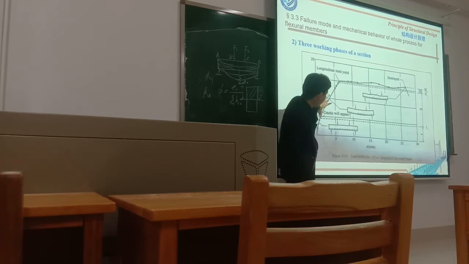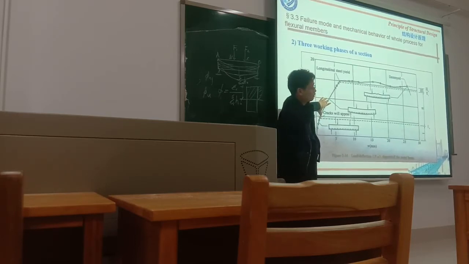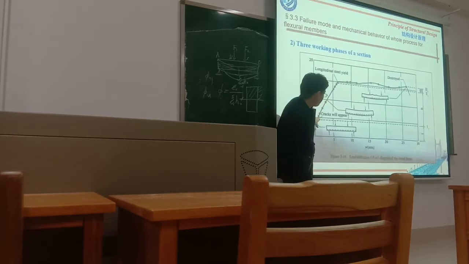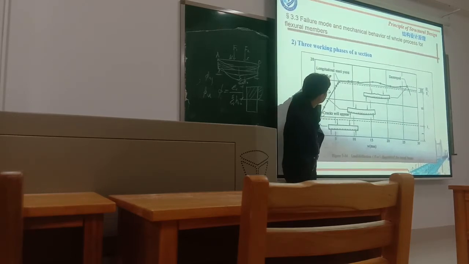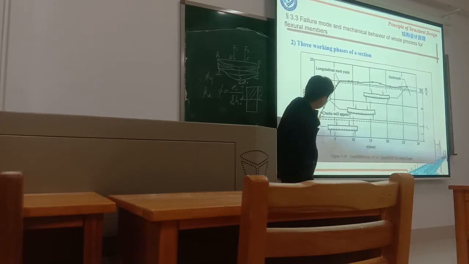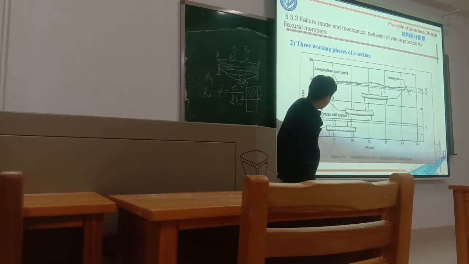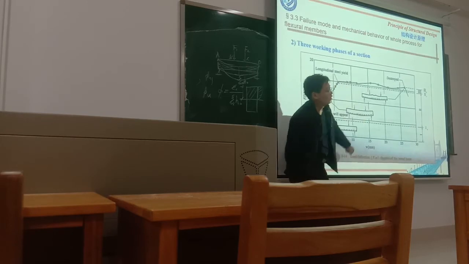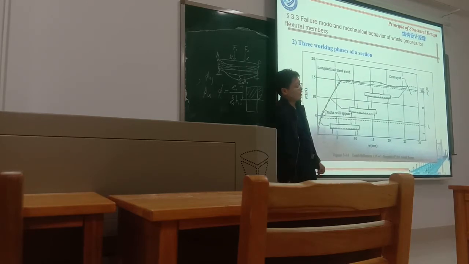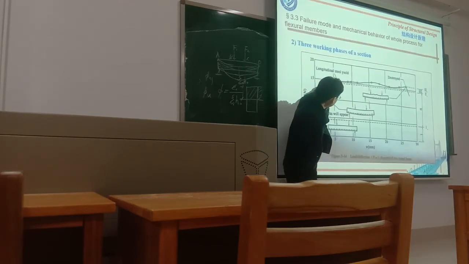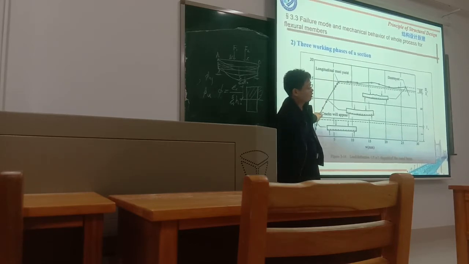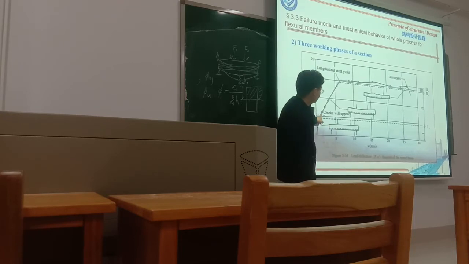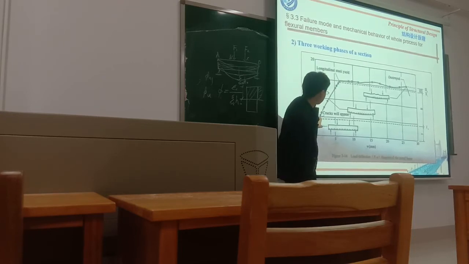But for the under-reinforcement beam, once the crack appears, suddenly the steel reaches the yield strength. That means it suddenly goes higher and then goes to phase 3. Compared to here, phase 2 is maybe just a very, very short distance, because once the crack appears, the steel just yields.